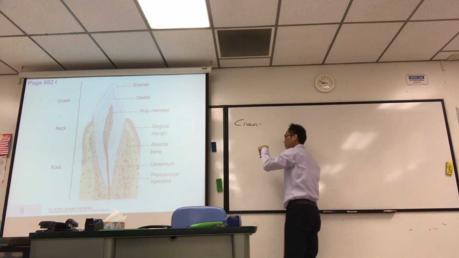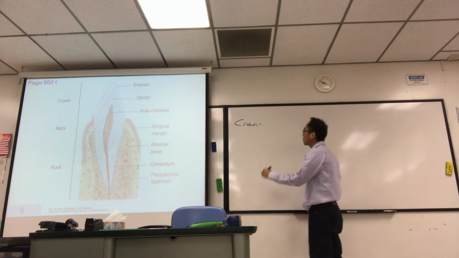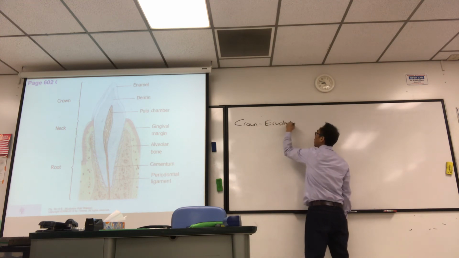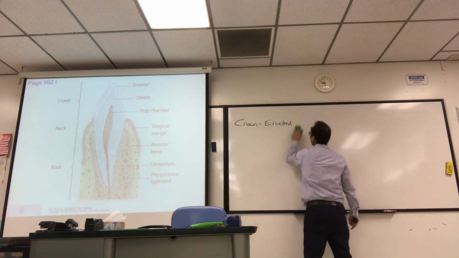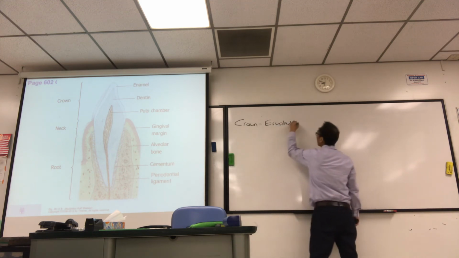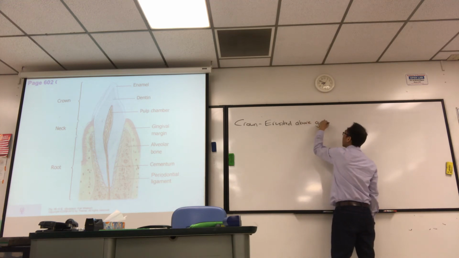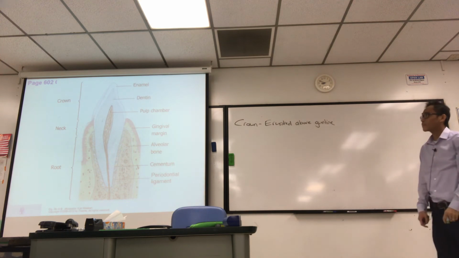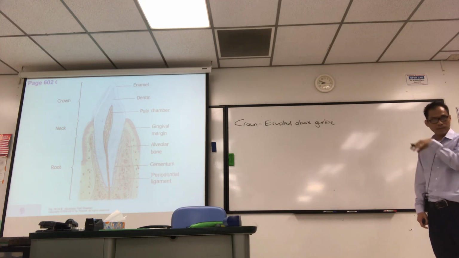Now, the crown of your tooth is the part that's erupted above the gingiva. It's above the gum line. The neck of the tooth is kind of the tooth-gingiva border.